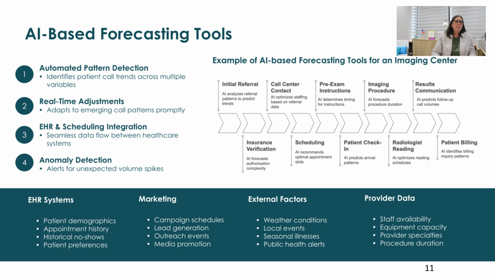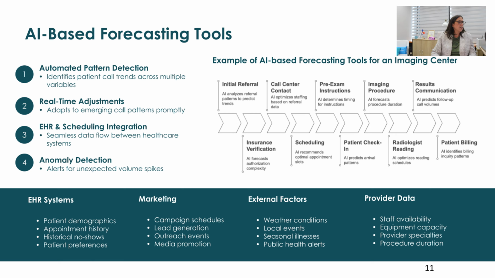These tools combined from multiple sources try to create a truly holistic forecast. Again, there's an EHR system that has the patient demographics, the appointment history, and the no show history. It puts together the whole marketing campaigns that could be generated by lead generation or different outreach events.